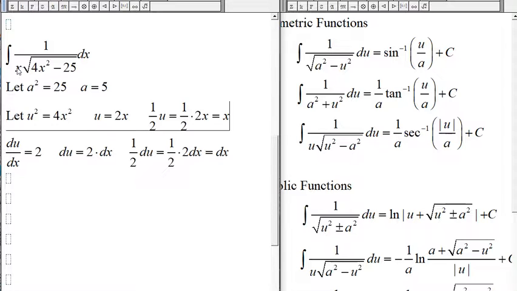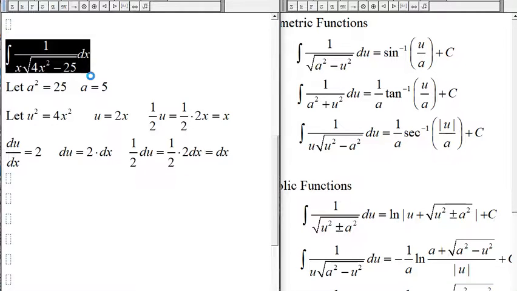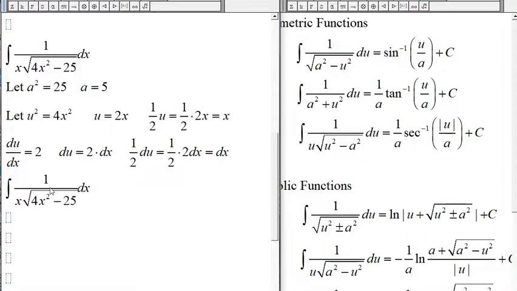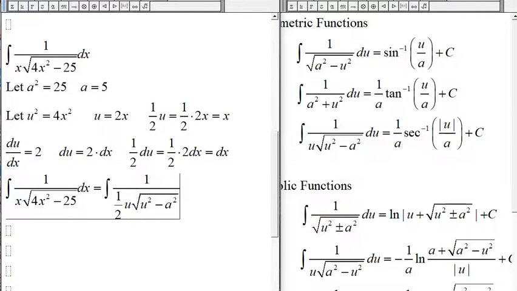So in the place of x, we will have 1/2 u. X is equal to 1/2 u. And then the 4x squared, that will be u squared. And then the 25 will be the a squared. And then dx is 1/2 du.